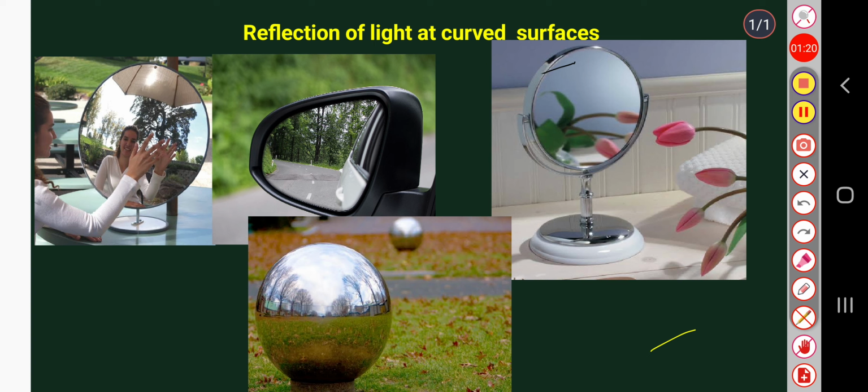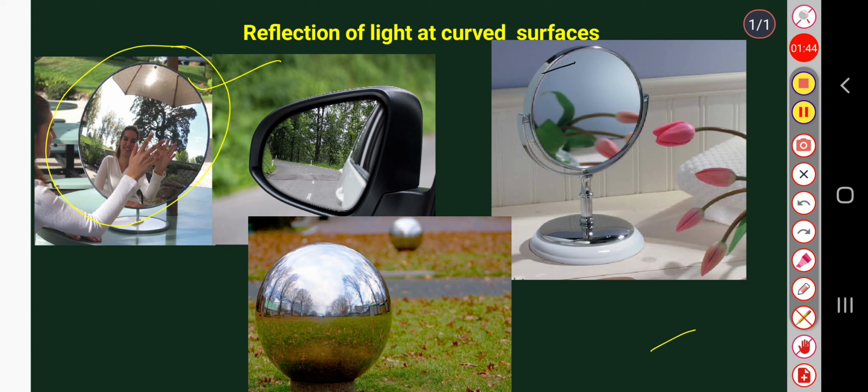Now look at picture number 1. Look at this mirror. This is a curved surface. In this mirror, you see the size of the image formed. Is this a diminished or enlarged image? Here the size of the image is less than the size of the object, meaning it is a diminished image.